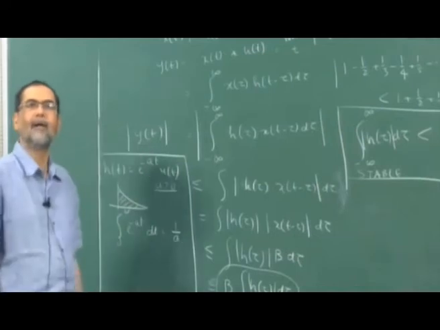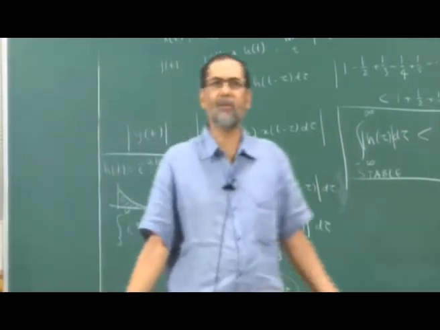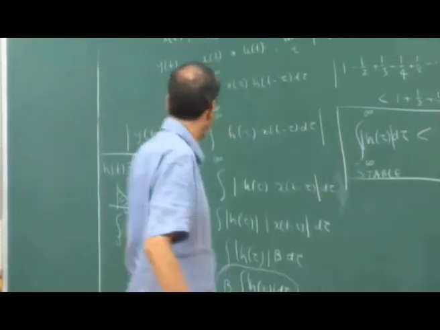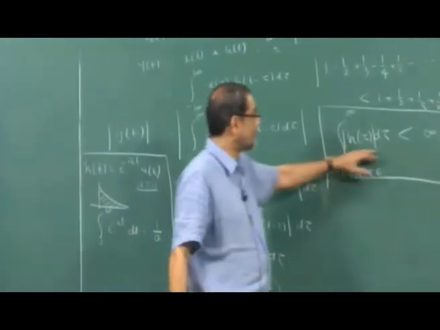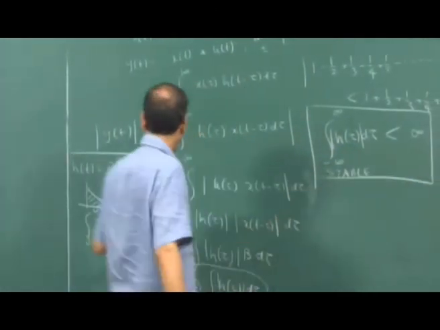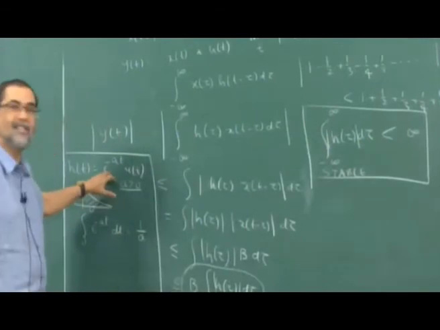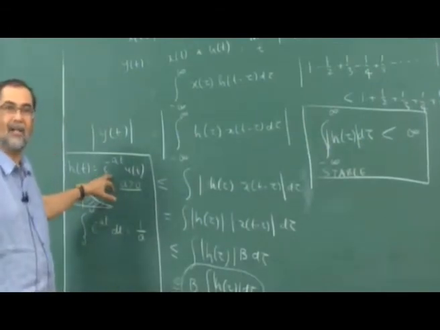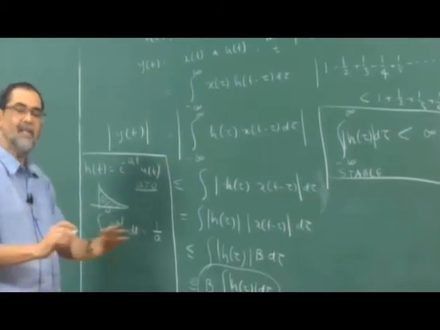This value is 1 by a, and a is some finite value, so it will be stable. So this integral is less than infinity. So an impulse response which is decaying exponentially, and defined for positive values of time, is a stable system.